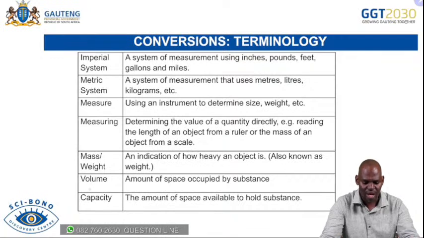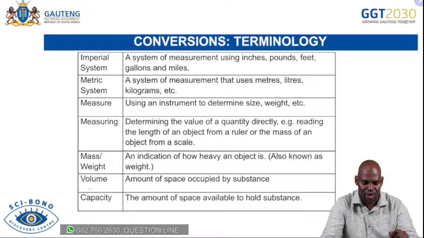Capacity is the amount of space available to hold a substance. Most of you, boys and girls, struggle to differentiate between volume and capacity. Volume is the amount of space occupied by a substance, and it is measured in cubic units, which can be cubic millimeters, cubic centimeters, cubic meters, and so on.